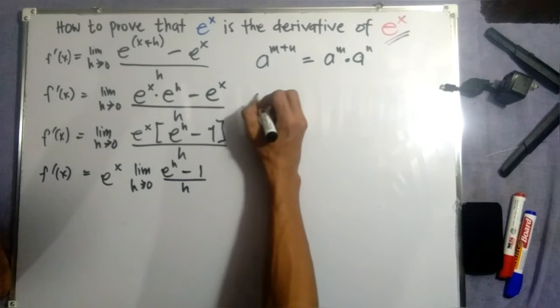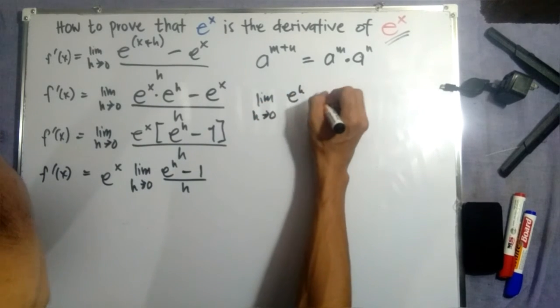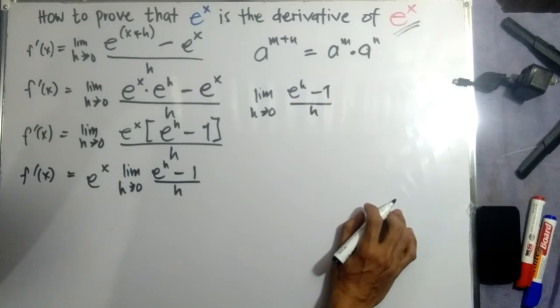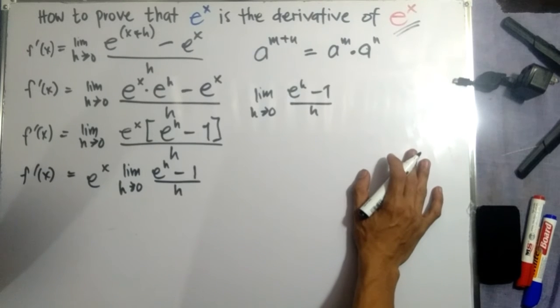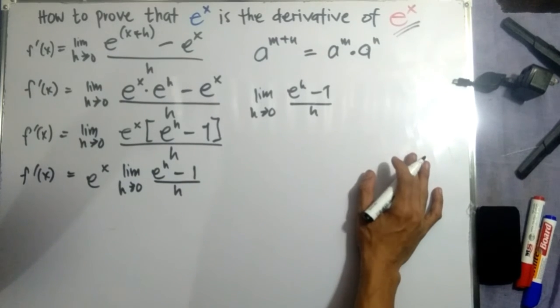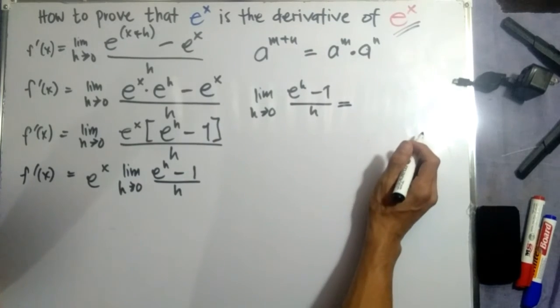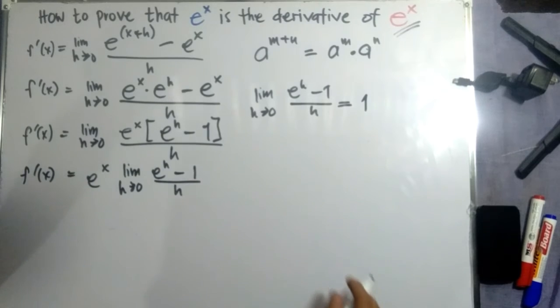So, ano nga ba ang limit as h approaches 0 of e to the h minus 1 all over h? So, by using the left and right hand limit, exist sila both, or approaches sila both sa value of 1.